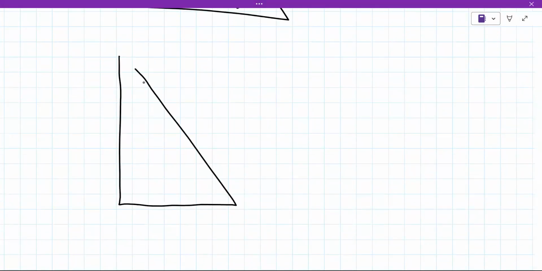Now there is a special triangle that you might see which has this little box down here, and this little box means 90 degrees. It won't tell you that it's 90 degrees. You'll just have to know. And then this is 38 degrees, and this is X. It's very similar.